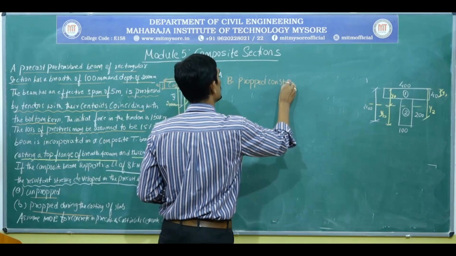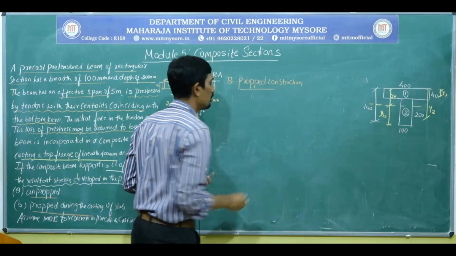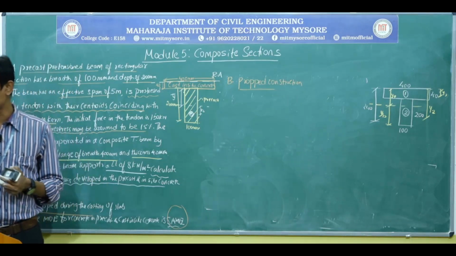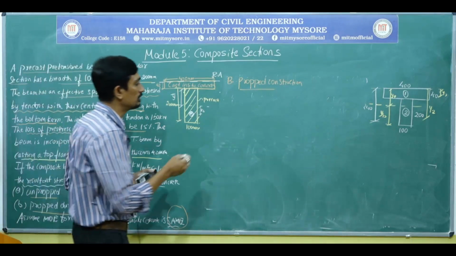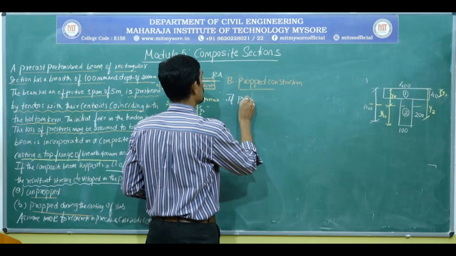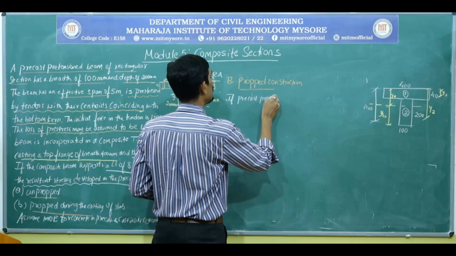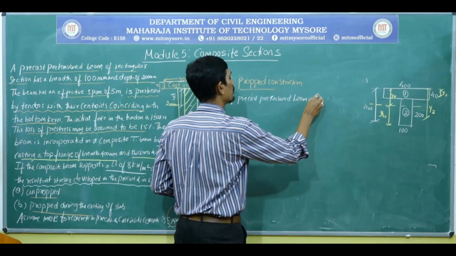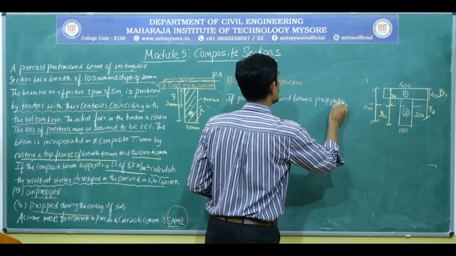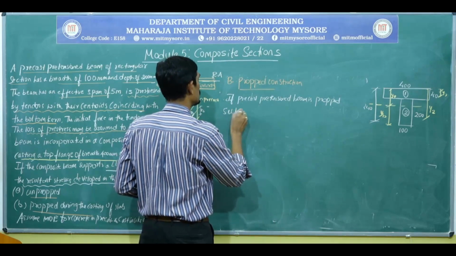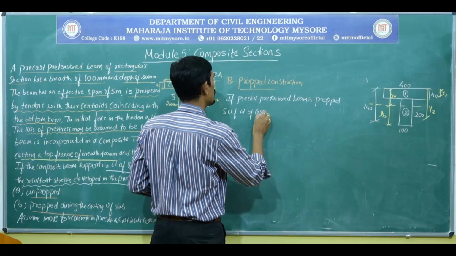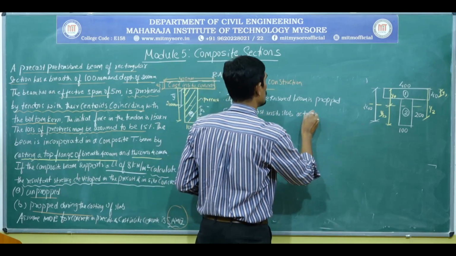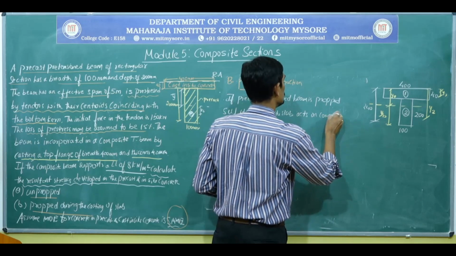So for the propped construction case, you can write down: if the precast pre-tension beam is propped, then self-weight of the cast in situ slab acts on the composite section.